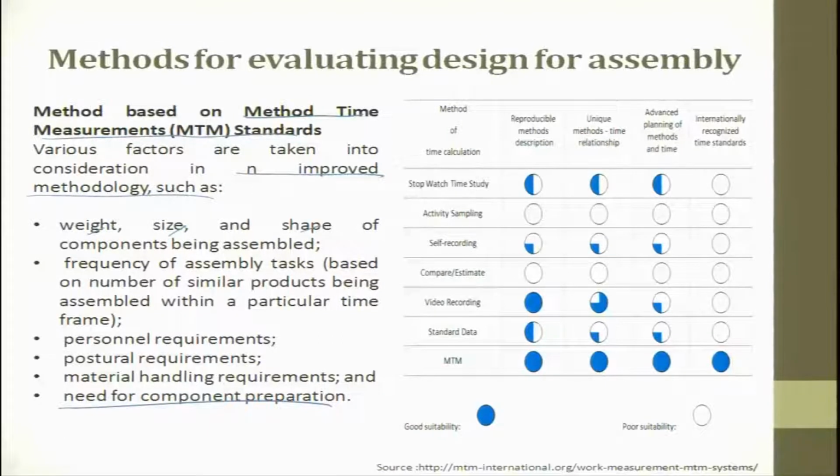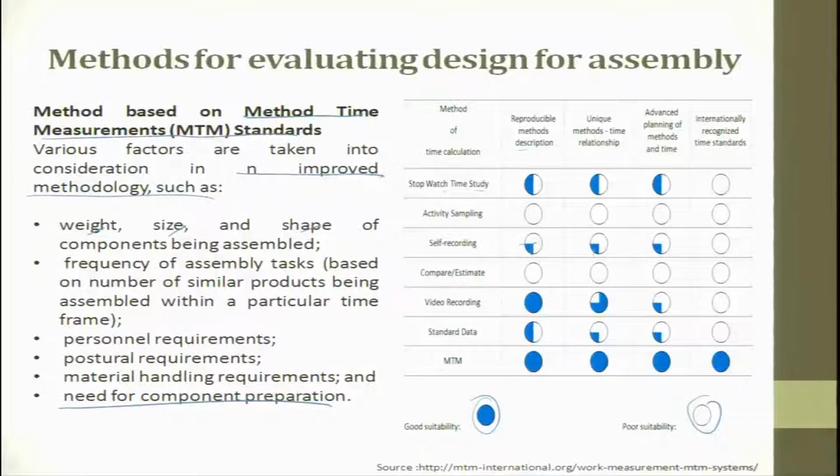So, methods for time calculation: stopwatch time study, the reproducibility method description, this shows good suitability, this shows poor suitability, it is 50-50. Then unique method time relationship, it is also 50-50. Advanced planning of method and time, stopwatch time study method is also 50-50. When you look at self recording, it is only 1/4, and self recording unique method time relationship is only 25%.